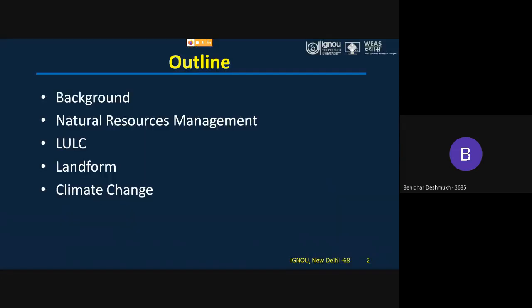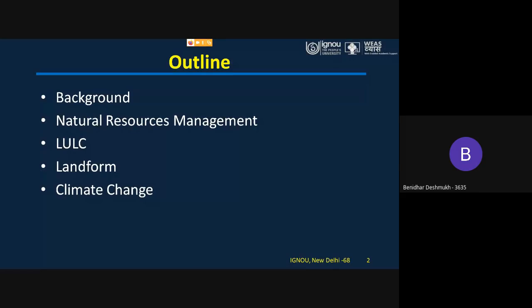I have tried to make this presentation in this way: I will start with a brief background of these technologies, and then I will discuss natural resource management, and how geoinformatics is useful in land use land cover mapping and monitoring. In most natural resources, the land part is there.